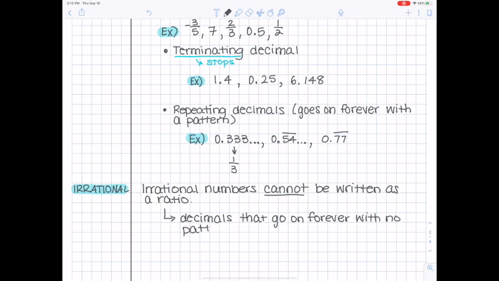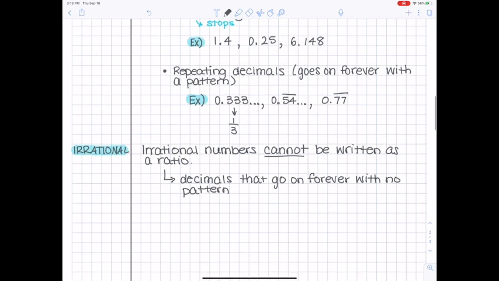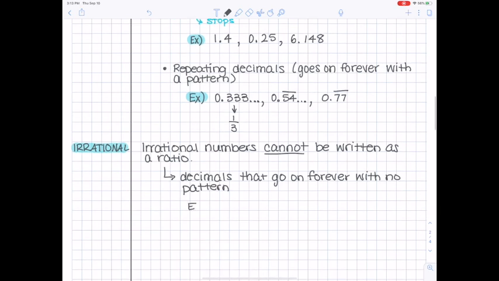They go on forever with no pattern. So an example of that would be pi. Pi is a number, it's a decimal that goes on forever and there's no pattern. 3.1415926 ... goes on forever.